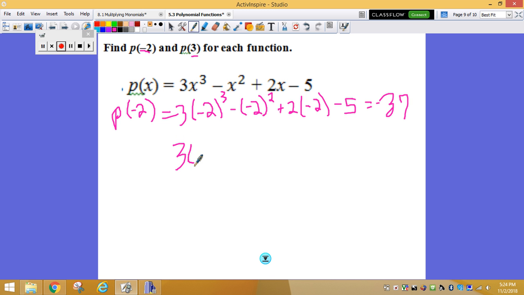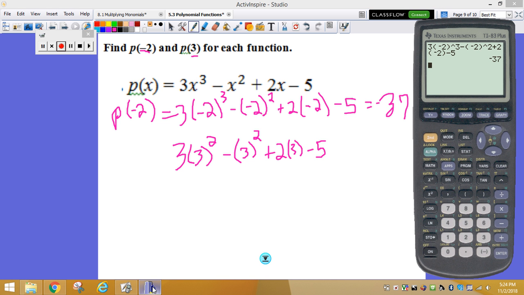So again, every time I see an x, I'm going to put a 3 in. I just got in the habit of always putting parentheses. I don't know, maybe my algebra teacher forced that into my brain. But I always, when I'm plugging them in, I put it in parentheses.